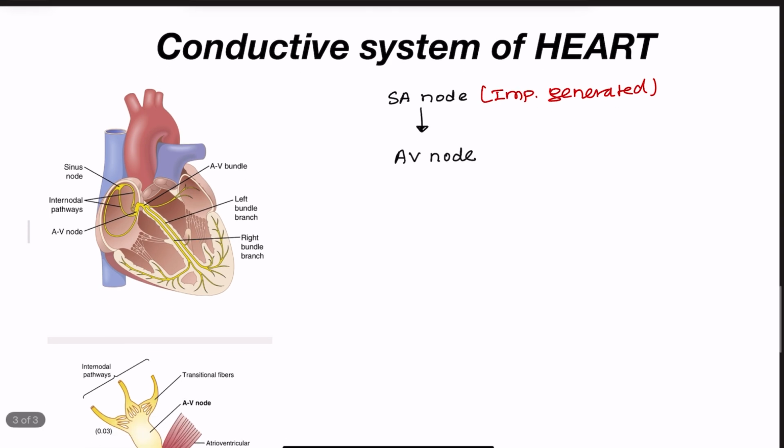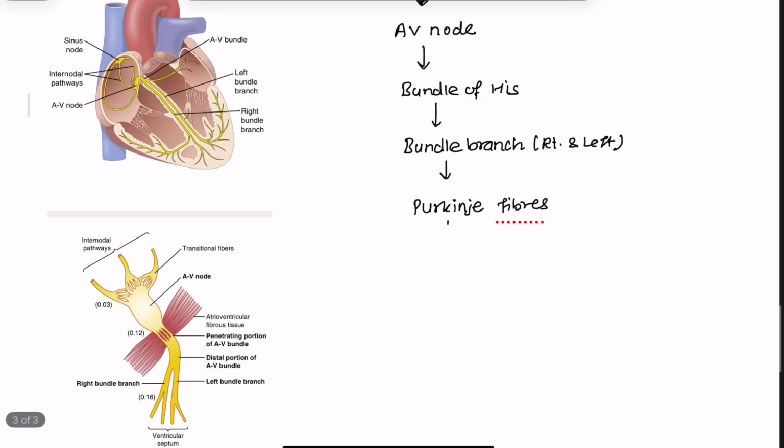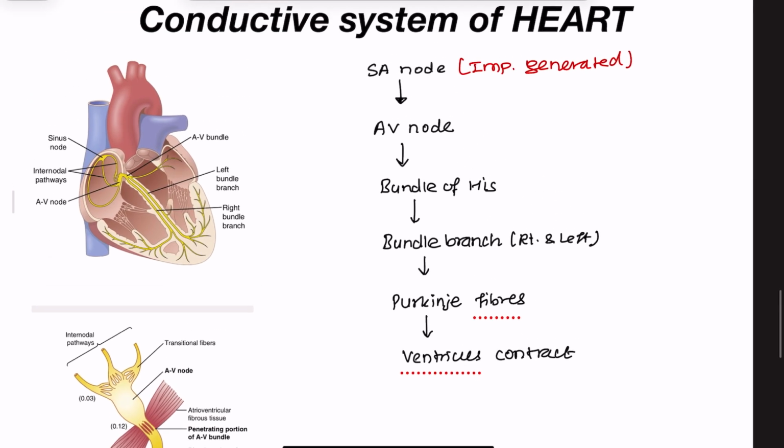From the AV node, it goes to the bundle of His. From the bundle of His, the impulse travels to the bundle branches, which will obviously be right and left. From the bundle branches, it reaches the Purkinje fibers, and finally the ventricles contract. So this is the nutshell.